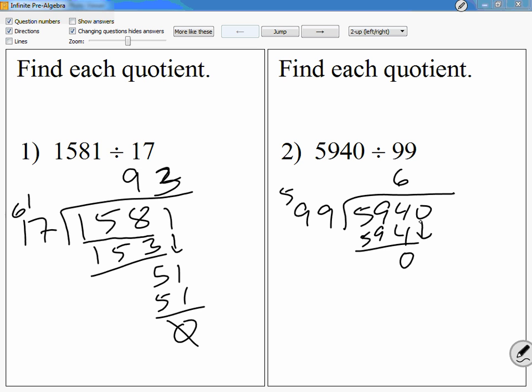Let me drop the next number. Because I drop the number, I have to do the division again. Right? Every time we drop a number, we have to do the division. How many times does 99 go into 0? 0. Now we can just come and say, well, that's 0. I have no remainder. Right?